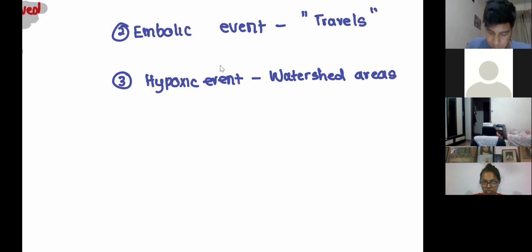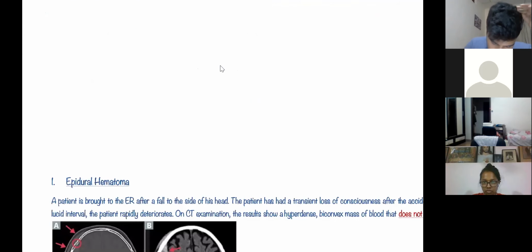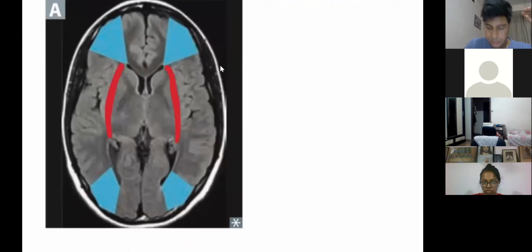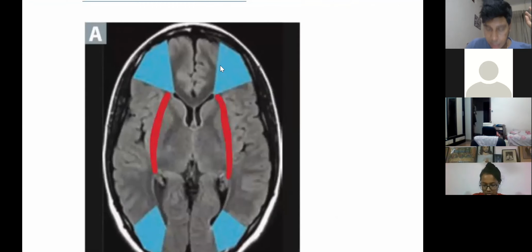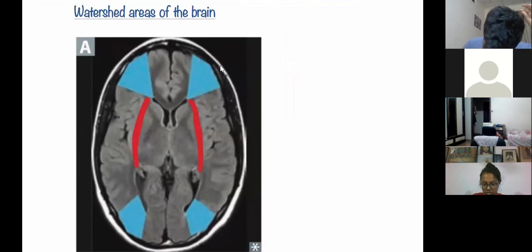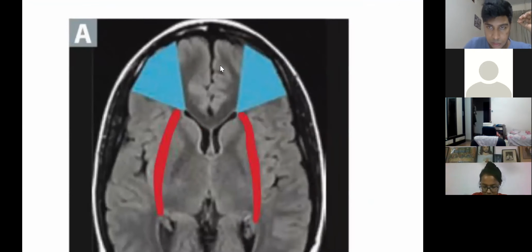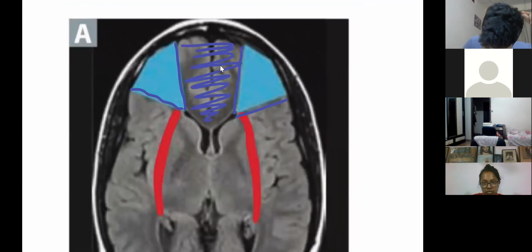So the brain, there's a certain area of the brain called the watershed area, which is going to lose the supply. Now, what is the watershed area? It is the area labeled in blue. These areas do not get blood from either the anterior circulation. This area is supplied by the anterior circulation.